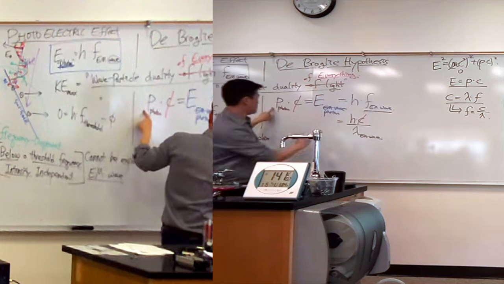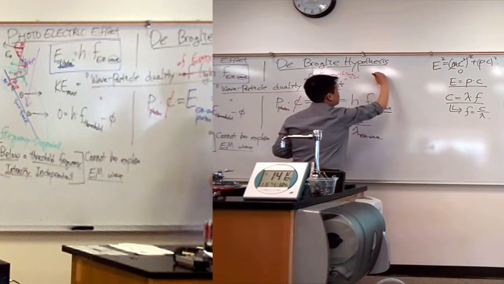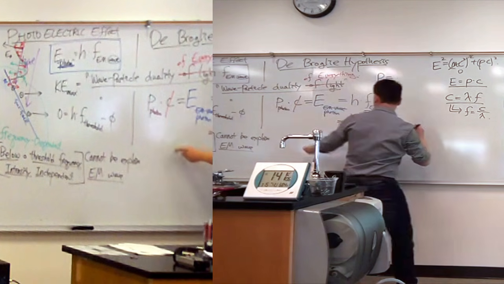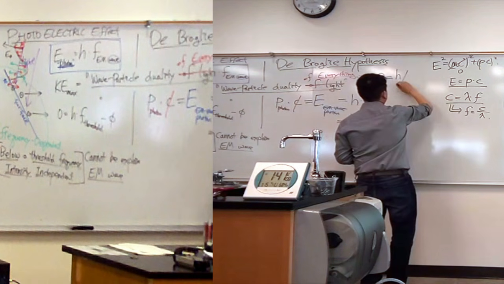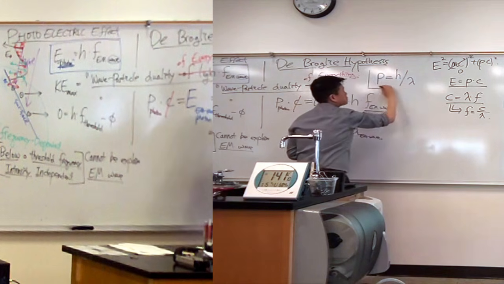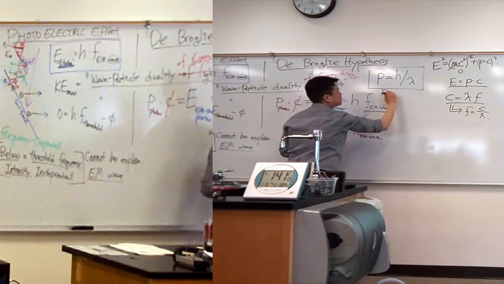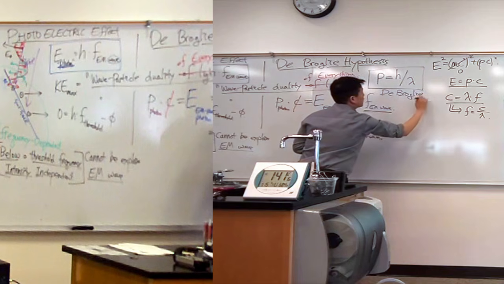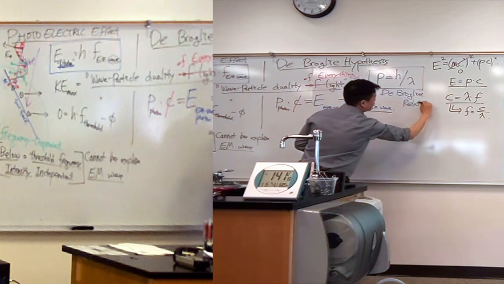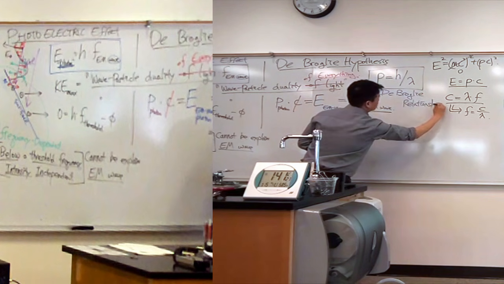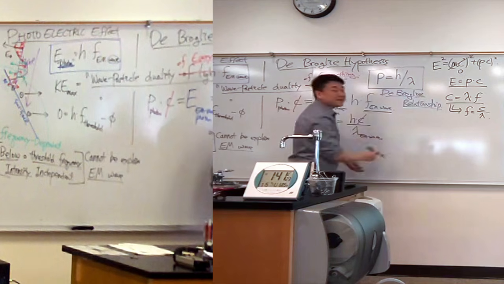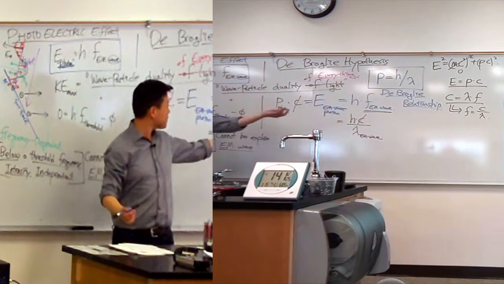So let me just copy it over. He would say momentum is equal to h over the wavelength. This is what we are going to call the de Broglie relationship. I'm not calling it a hypothesis anymore because he turned out to be right. Somebody did this experiment.